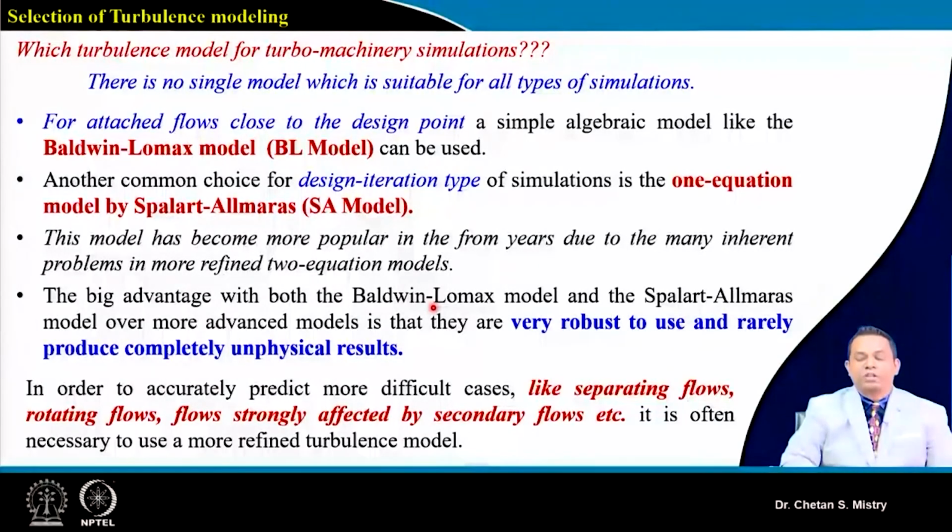This model is more popular because it is easy to use and saves computational time. Now when we are looking for a special kind of configuration, with specialized flow such as separating flow, maybe rotating flow, or secondary flow, or wake effect, under that configuration this one equation model will not help.